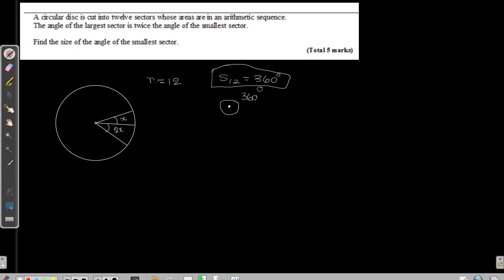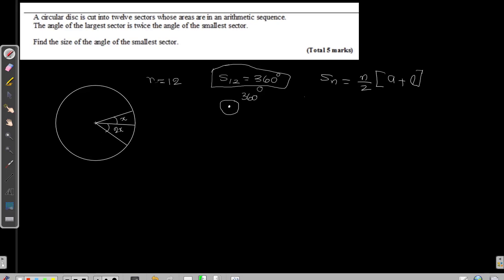So let's do the formula Sn. I'm going to use this formula: Sn equals n over 2 times the first term plus the last term. That's the best one for me. I can use the other one, but I prefer this.